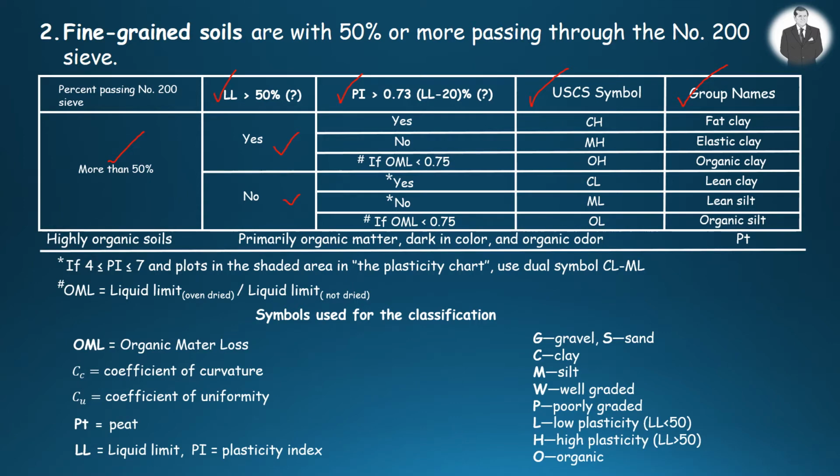LL, liquid limit, PI, as explained, plasticity index, G, gravel, S, sand, C stands for clay, M stands for silt, W well graded, P poorly graded, L low plasticity if the liquid limit is less than 50, H high plasticity if the liquid limit is greater than 50, O is the organic matter.